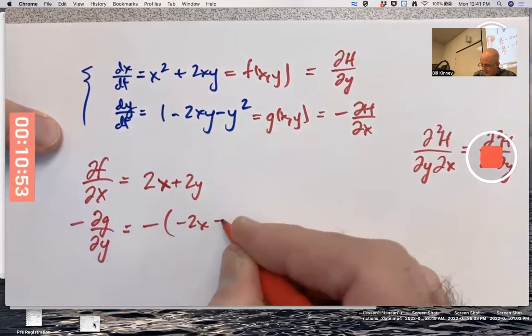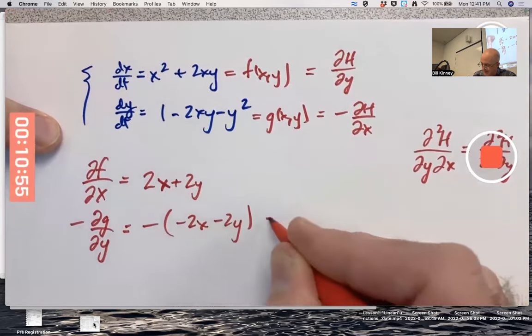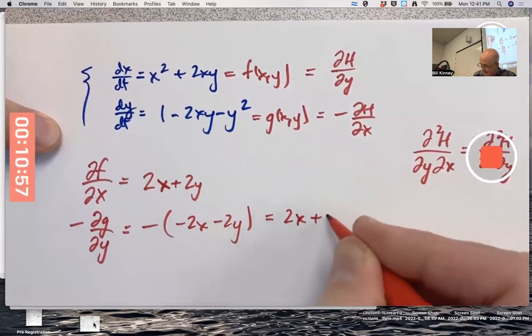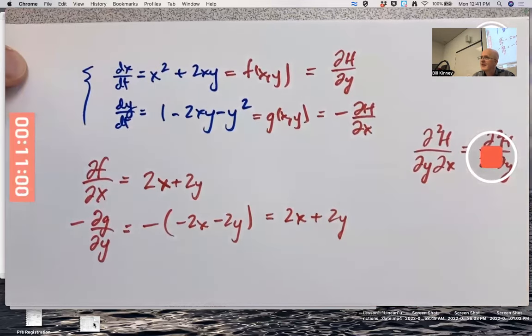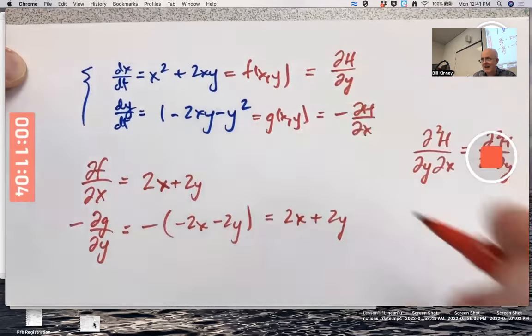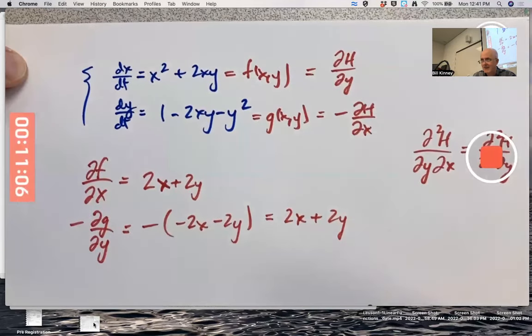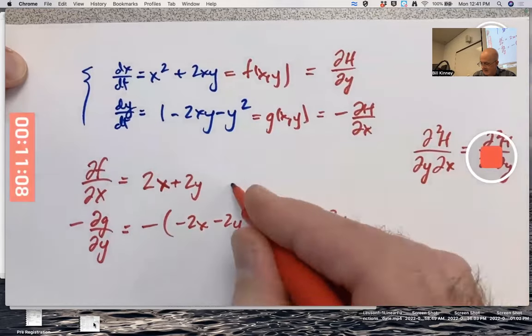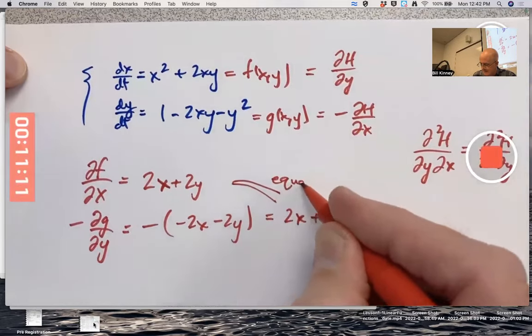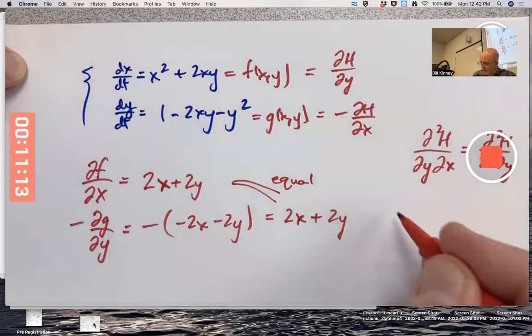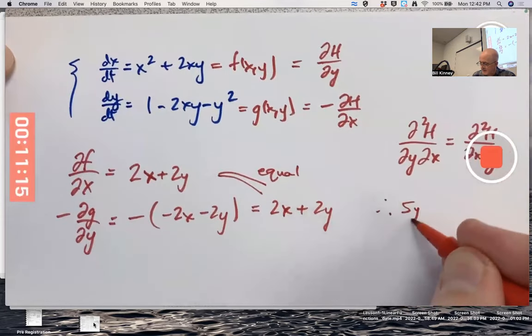Negative 2x minus 2y, then bring the minus sign through and you get the exact same thing. That's pretty rare for that to happen, right? Randomly chosen functions, that's not going to happen. Very special thing there. These are equal. Therefore, the system is Hamiltonian.